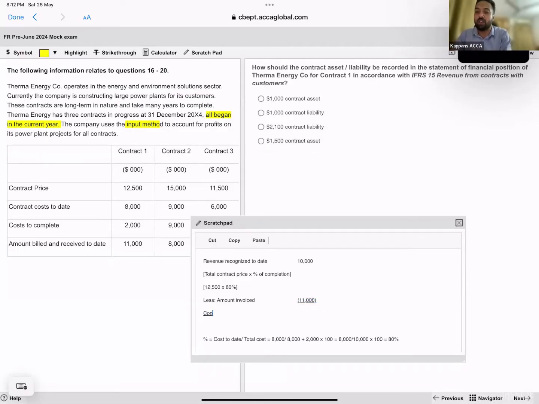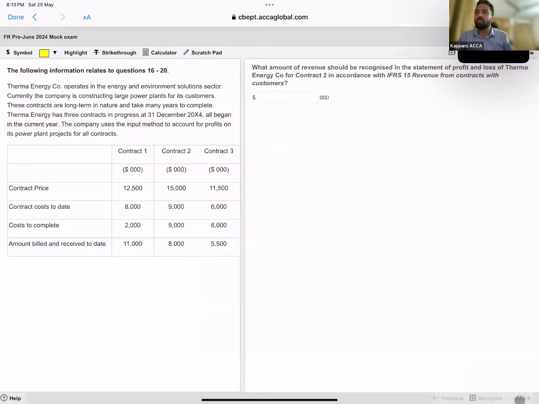Negative 1,000 means it's a contract liability. So the answer will be option B, $1,000 contract liability. Moving on to the next question.